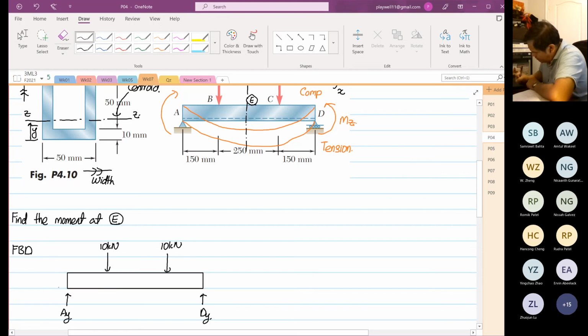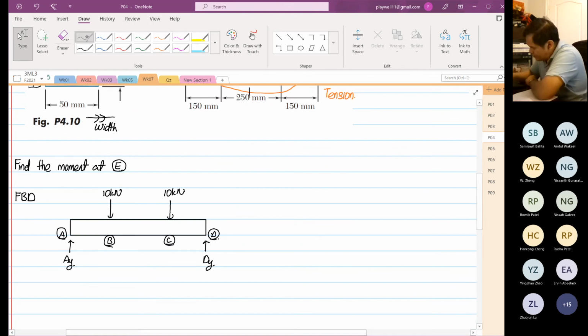So point A, point B, point C, and point D. You can just write this out.